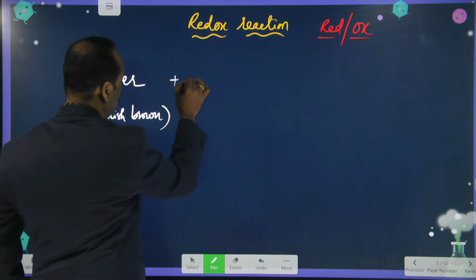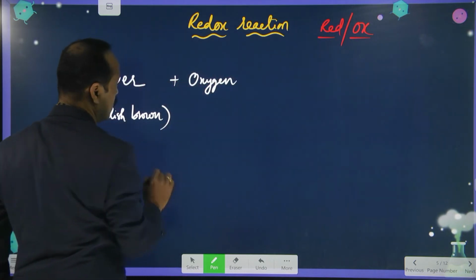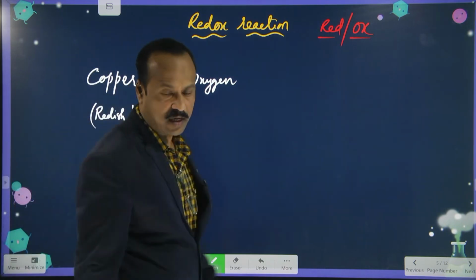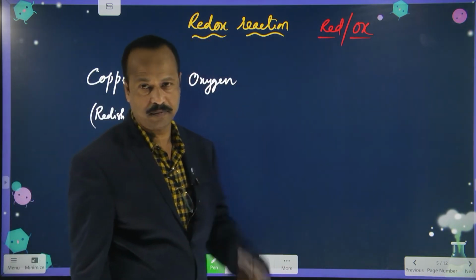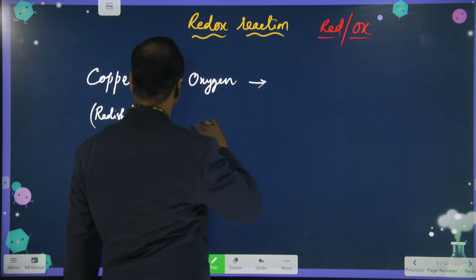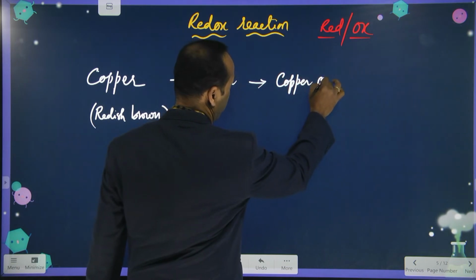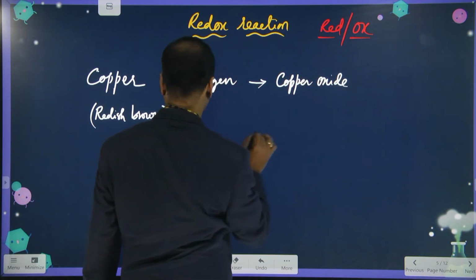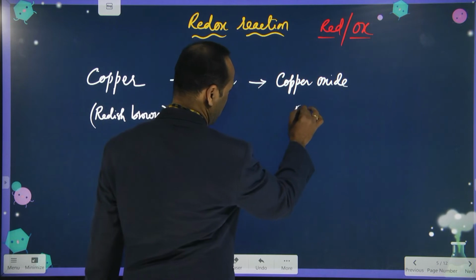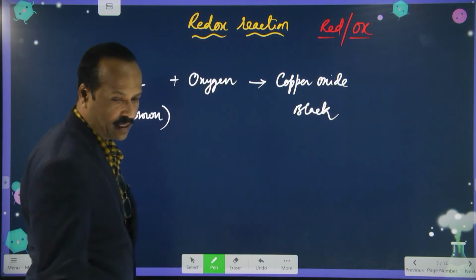Now what I do, I heat the copper in presence of oxygen. I burn the copper in presence of oxygen. When I heat it in the presence of oxygen, then what happens? It forms copper oxide. So this is black in color. What is the color of this one? Black in color.